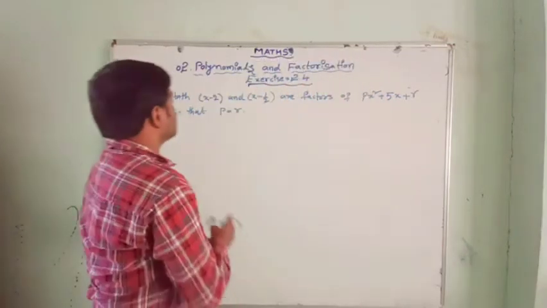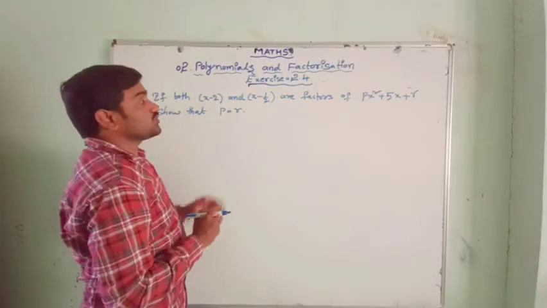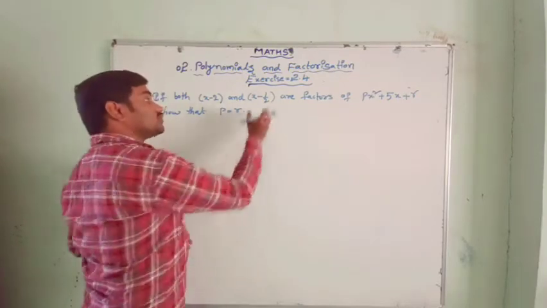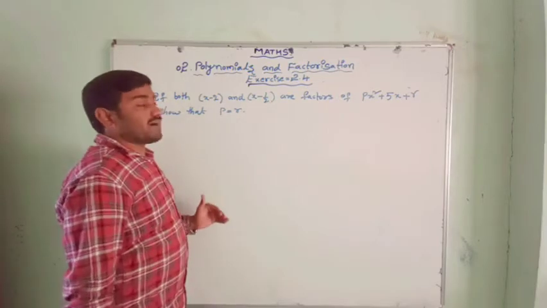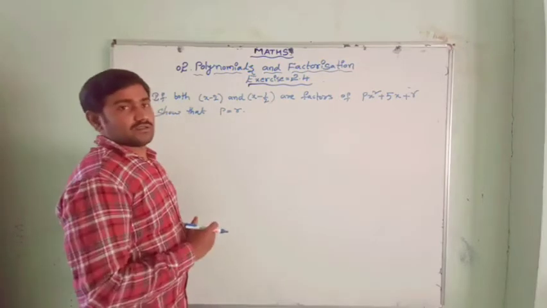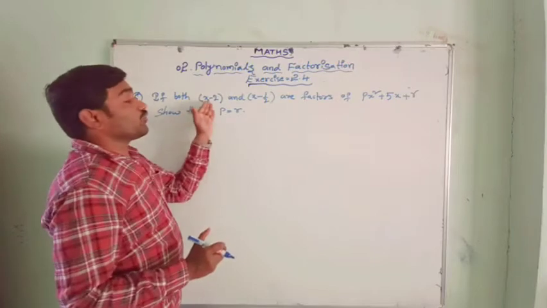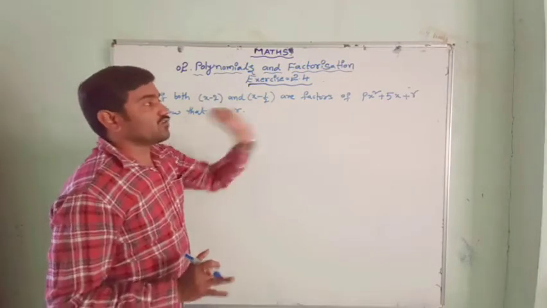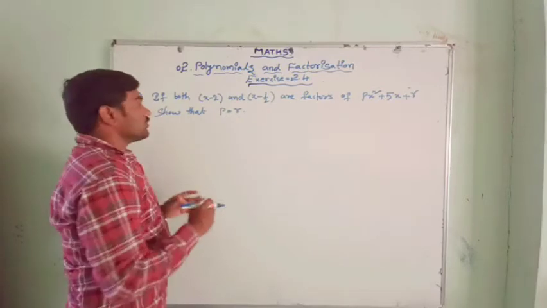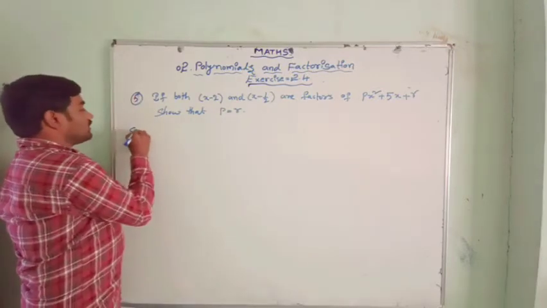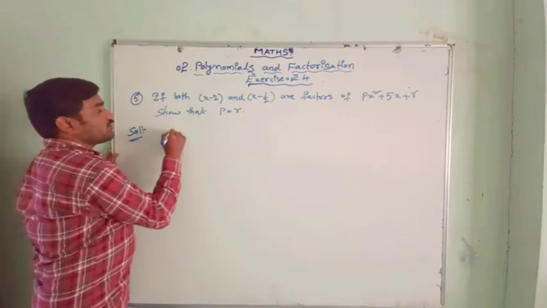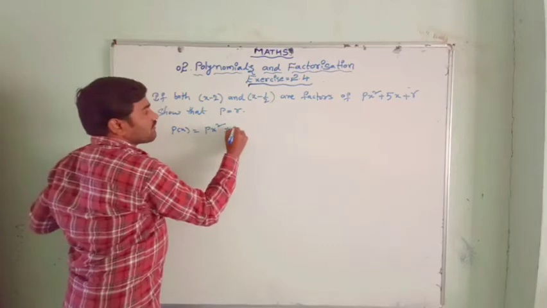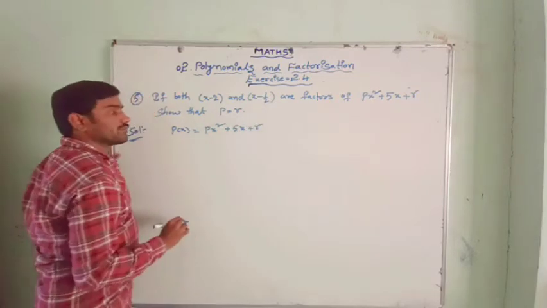So if x minus 2 is a factor of this px square plus 5x plus r, and also x minus 1 by 2 is a factor, that means p of 2 equal to 0 you will get, and p of 1 by 2 will also equal 0. In the solution, the given polynomial is p of x equal to px square plus 5x plus r.